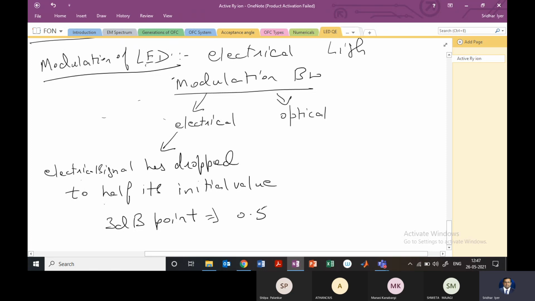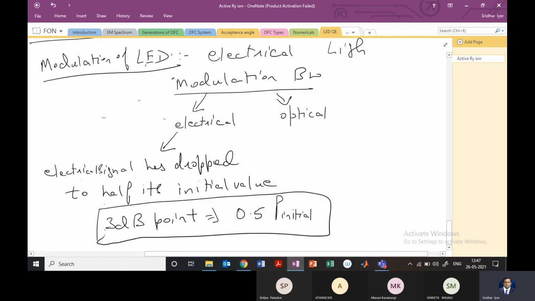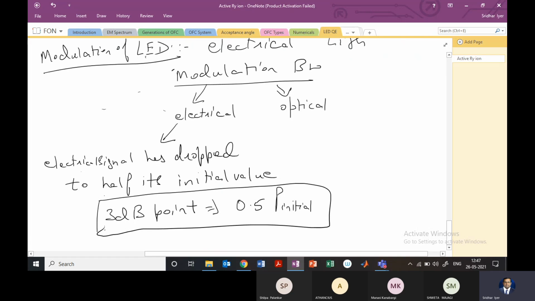Because 0.5 of the power, in the log scale, corresponds to 3 decibels. So this corresponds to the electrical 3 dB point, or the frequency at which your output electrical power will be reduced by 3 dB with respect to input power. So 0.5 of initial power corresponds to the 3 dB point. That is where the power has become 0.5 of the initial power. So this is what we have done in the electrical system.